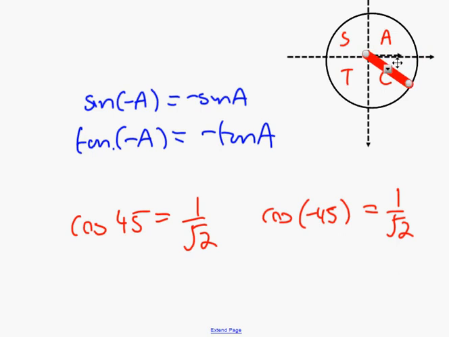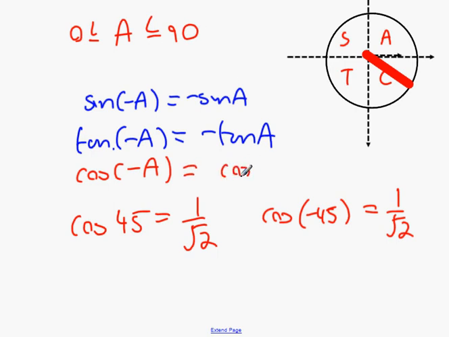That's why sine turns out to be negative, and that's why tan turns out to be negative. However, cos remains positive. Therefore, the generalization is that, provided A is between 0 and 90, cos of minus A equals cos A.